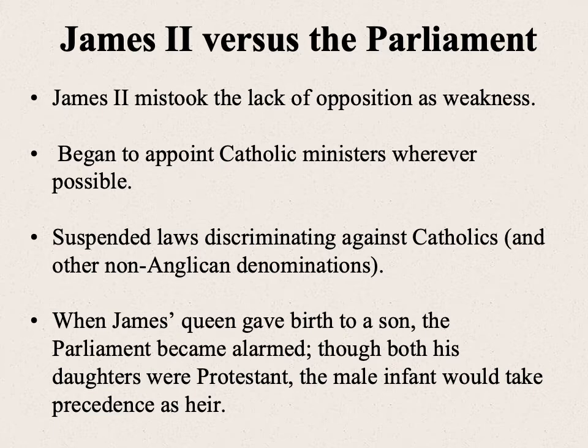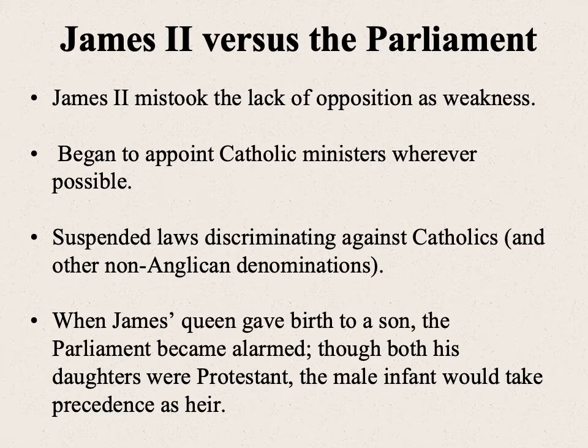So, you might imagine if you're a member of Parliament, you're really wondering where he's headed with this. Is he laying the groundwork for bringing England back into the Catholic fold? But then other members of Parliament are like, let's not get too panicky about this. He's pretty old. He's probably not going to be around much longer. Next in line is his daughter Mary. She's a strong Protestant.